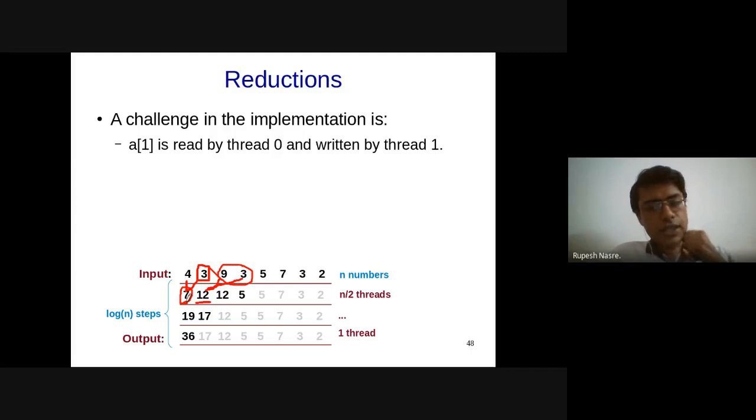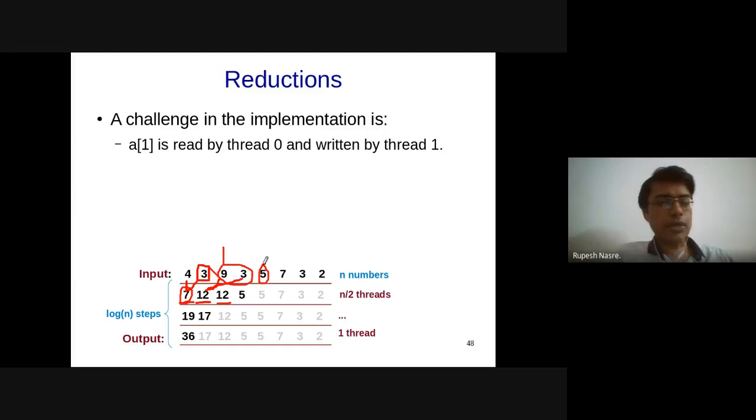Or if you are unlucky, you will see the modified value 12, and you will do 4 plus 12 and write 16 as a of 0 for the next iteration, which is definitely going to be wrong. And a similar thing can happen at other memory locations also. For example, for a of 2 also, similar thing will happen, where thread 1 is reading the value 9, whereas thread 2 is going to write to that memory location, and so on.